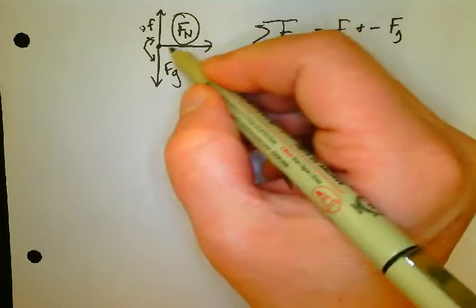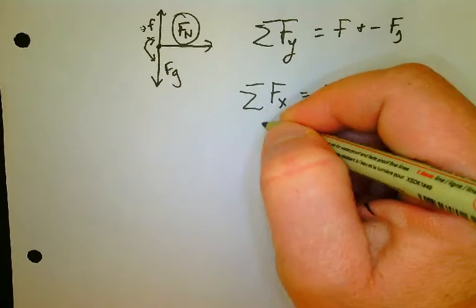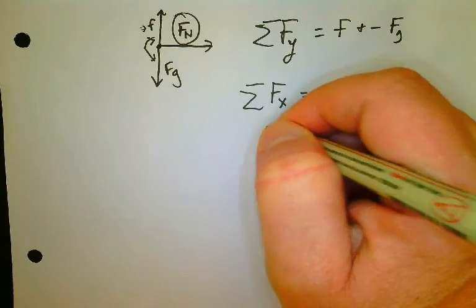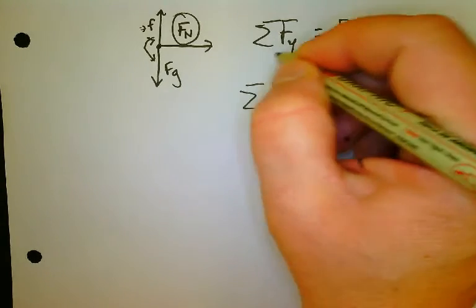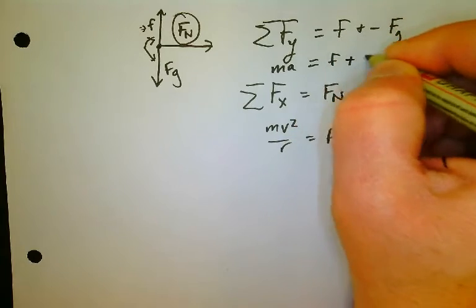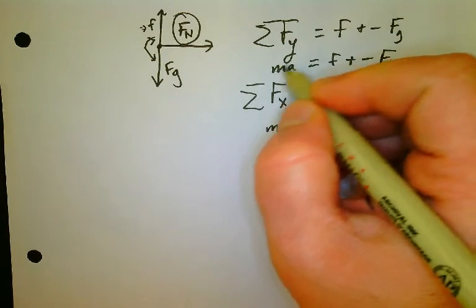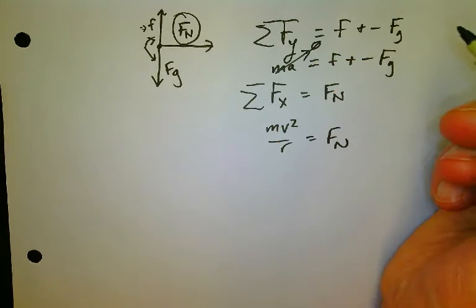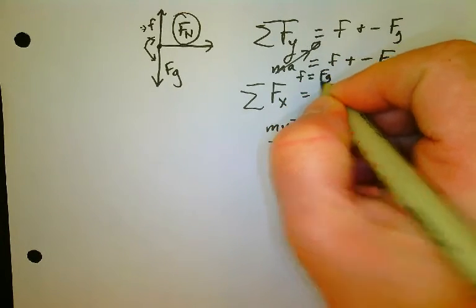The x. This right here is the circle, so that's where you're going to be putting in the m v squared over r. And then this right here is just going to be our normal ma. But we notice that these are equal, so what is this going to end up being? 0.